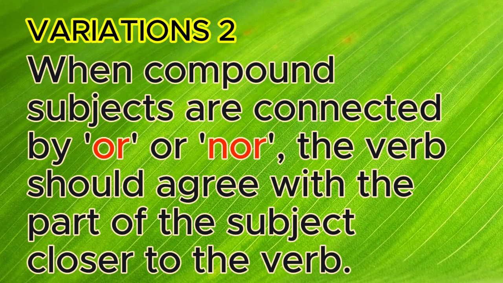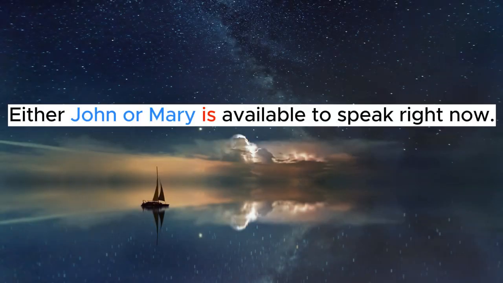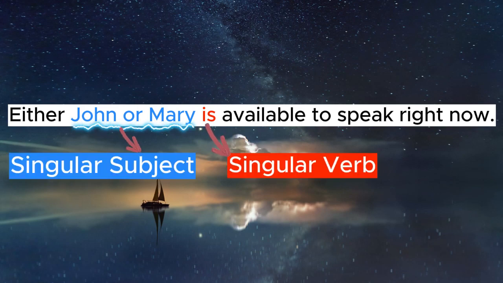When compound subjects are connected by or or nor, the verb should agree with the part of the subject closer to the verb. For example, either John or Mary is available to speak right now. John or Mary functions as a singular subject.